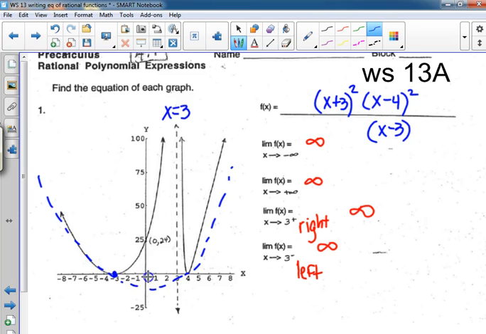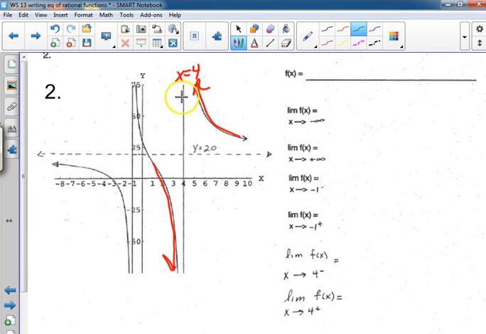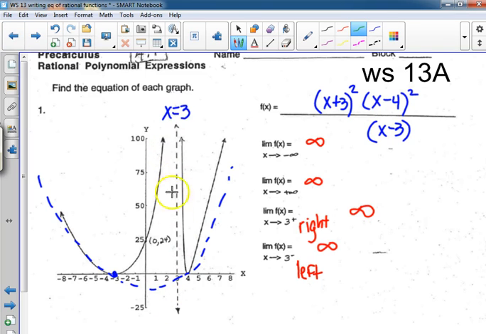Okay, there's a weird rule that says when you have an asymptote, the behavior on either side will go opposite directions as long as it's there once. If you have an asymptote with the behavior on either side going the same direction, it's kind of like a bounce. So this is going to be squared.